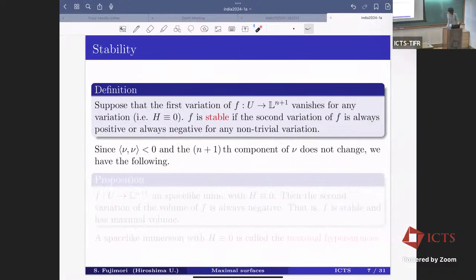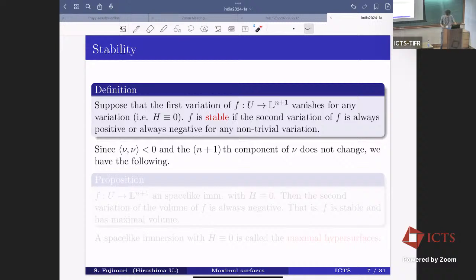And in our setting, the inner product of nu and nu is always negative, because this is a time-like vector. And we take the unit normal vector field as future pointing.